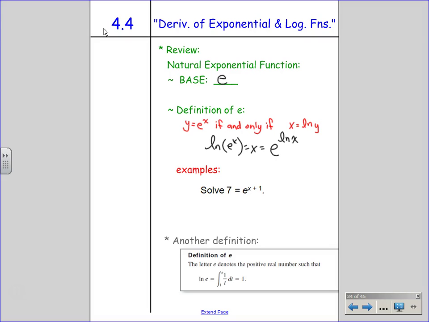Yeah, I actually kind of like it because it defines E, and that's not something that we do very often.